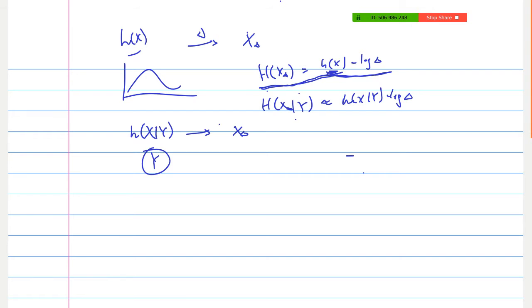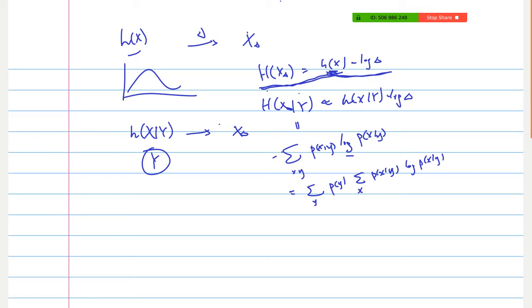If you think of what conditional entropy is, it's basically the sum over y of p(y), times the sum over x of p(x given y) log p(x given y).